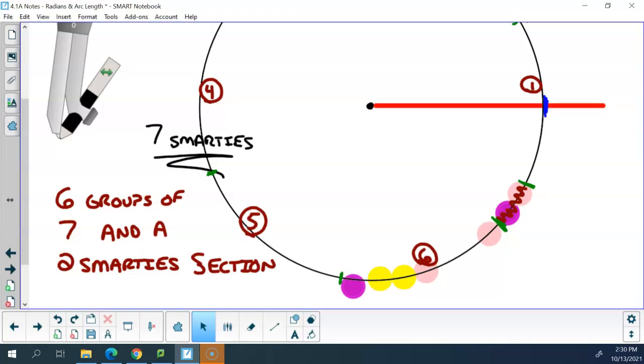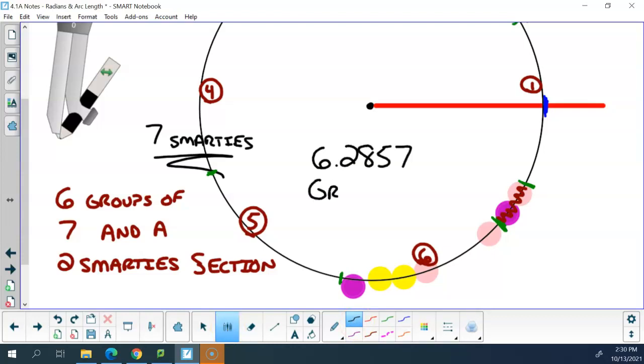I didn't think so. 7 divided by 2, somebody with a calculator, please. 7 divided by 2 is 0.2857. So we've got 6.2857 groups of 7.